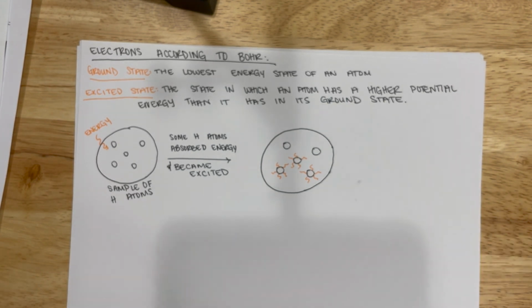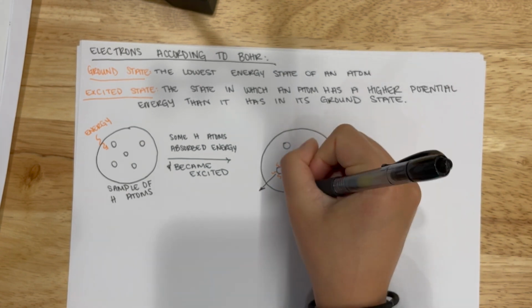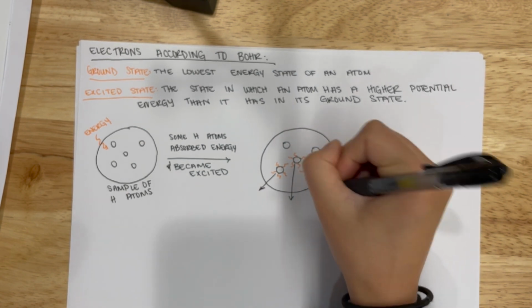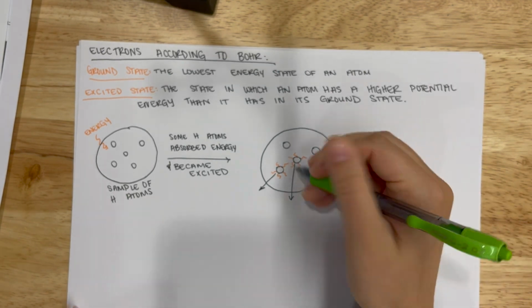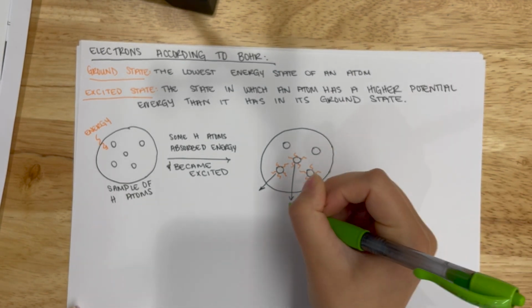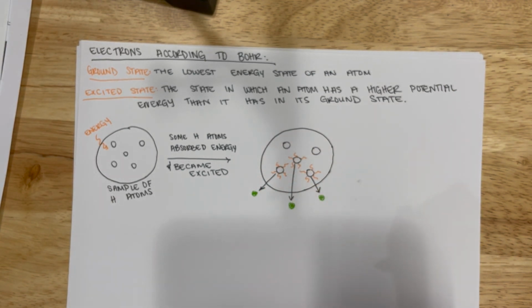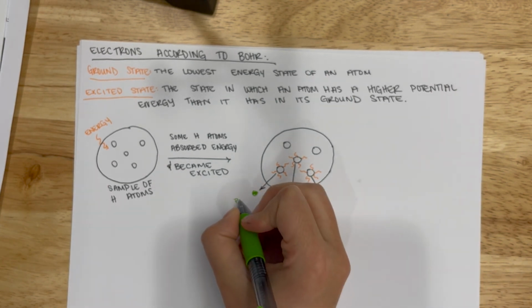This isn't a long-term thing. So what happens is these atoms release a photon, which should ring a bell because we just talked about what a photon is, right? That's a particle of light having no mass and carrying a quantum of energy.